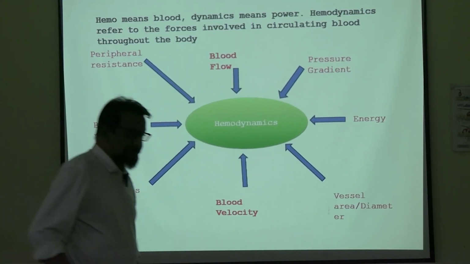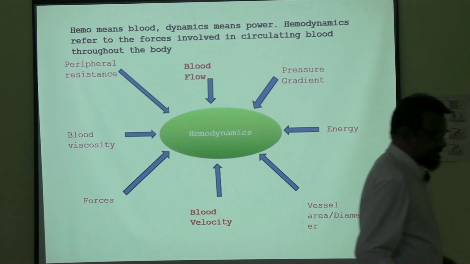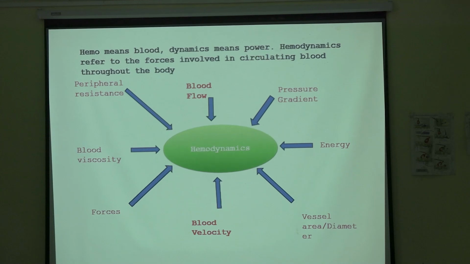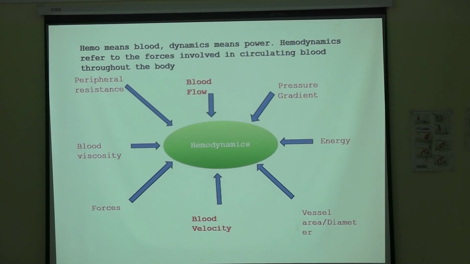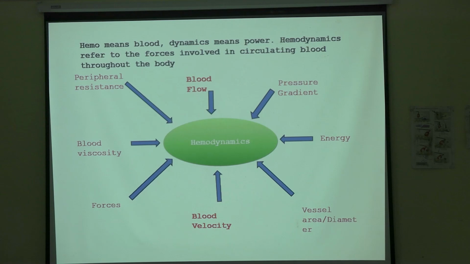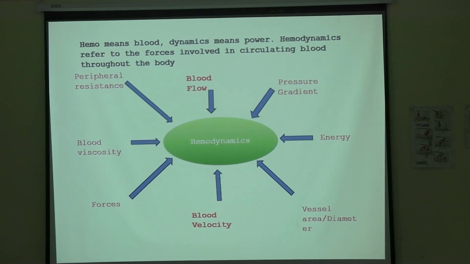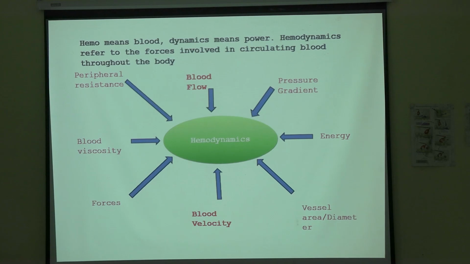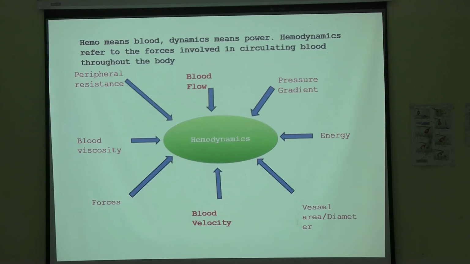And hemodynamics will involve these physical factors: peripheral resistance, blood flow, pressure gradient, energy, vessel diameter or cross-sectional area, blood velocity, forces, and blood viscosity.